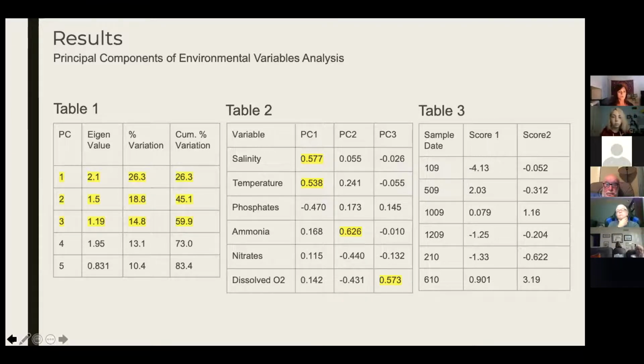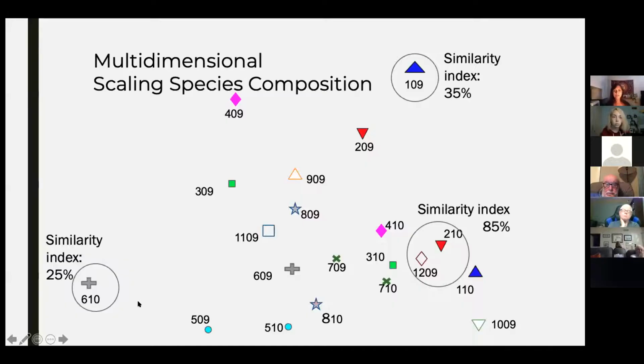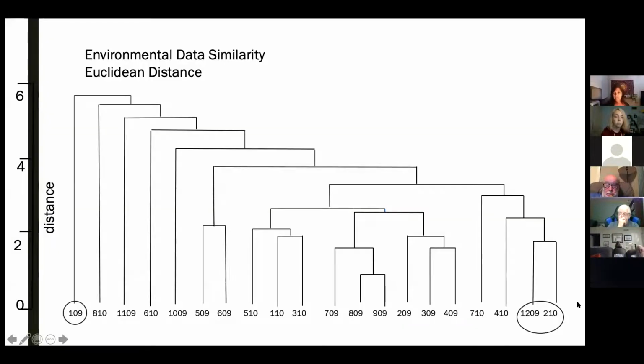Again, the take-home point is we got meaning to this data that was not collected with a purpose to test any hypotheses at all. We just have students and volunteers out there collecting these critters, counting them, identifying them, measuring them, and it meant something, right? We showed patterns of similarity and differences in our community composition that reflected similarities and differences in the environment.